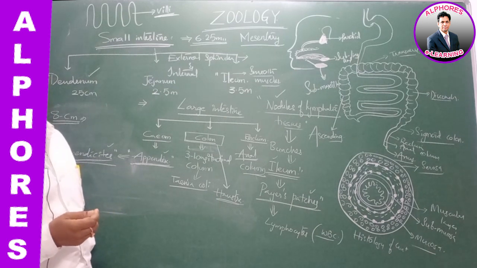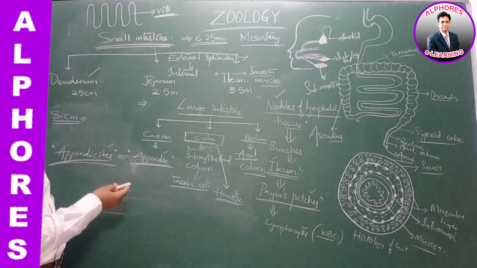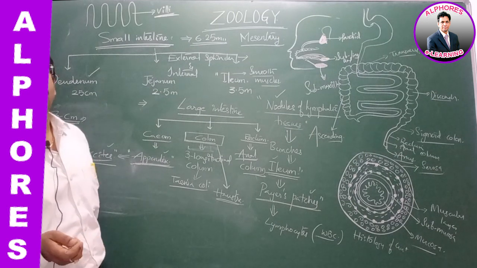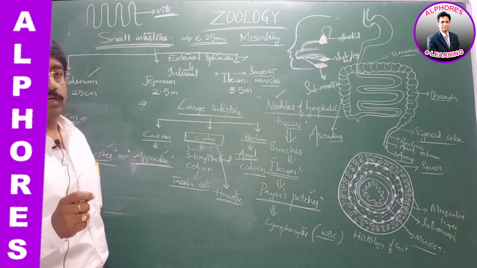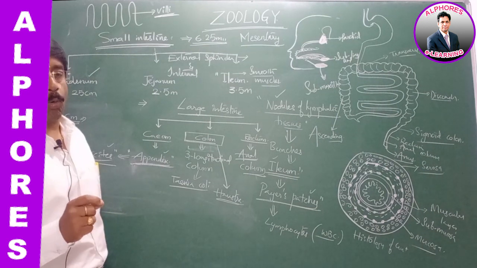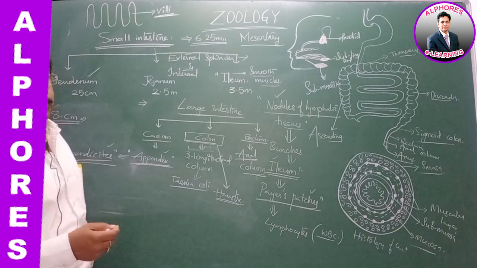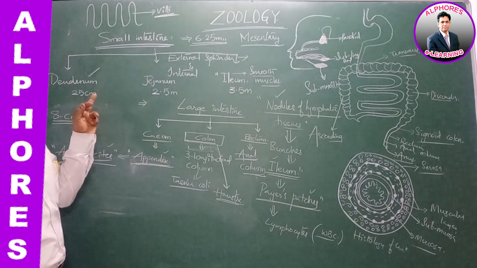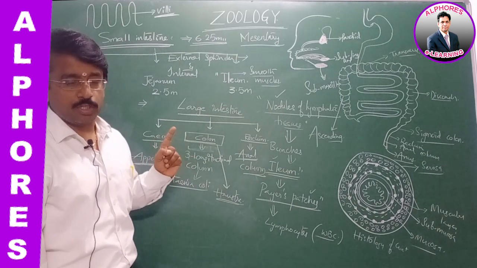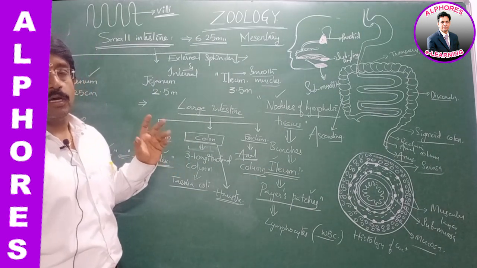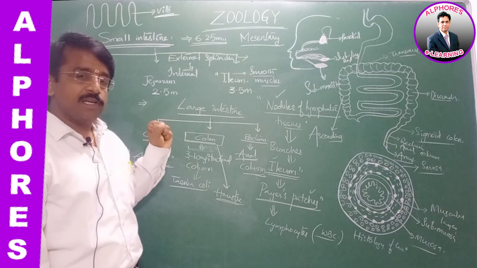Duodenum is the part where iron absorption takes place. It is the part into which the hepato-pancreatic duct opens. The hepatic duct, also known as the common bile duct, carries bile juice from the liver, and the pancreatic duct carries pancreatic juice from the pancreas.